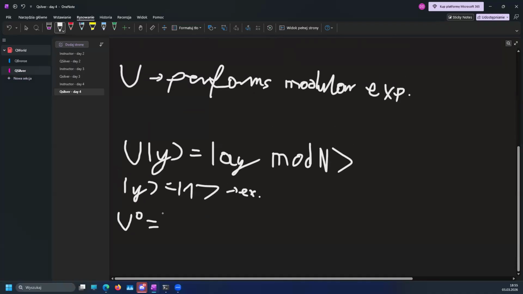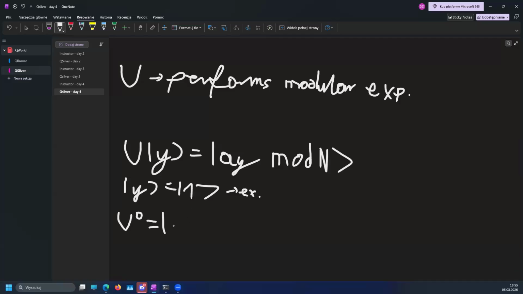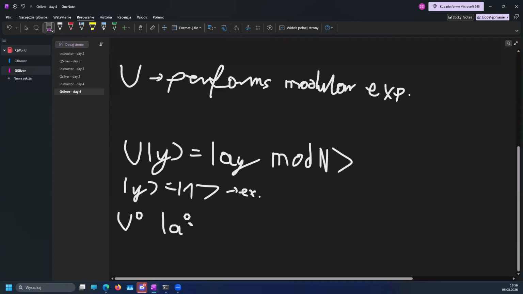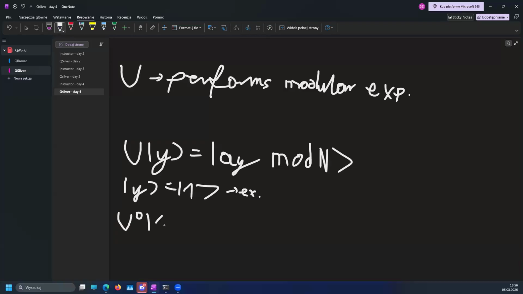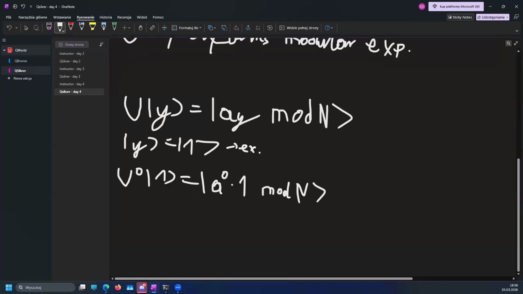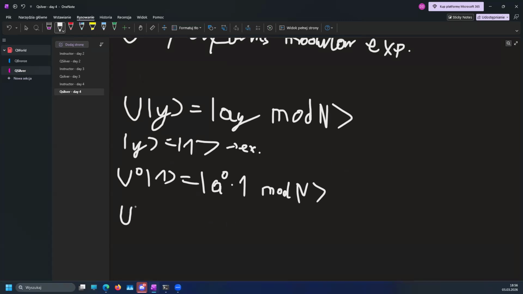Following this formula, we get a to the power of 0 times 1, because this is our state. Here the remainder operator from n changes nothing, and of course this is equal to 1 mod n. But this is a trivial example.